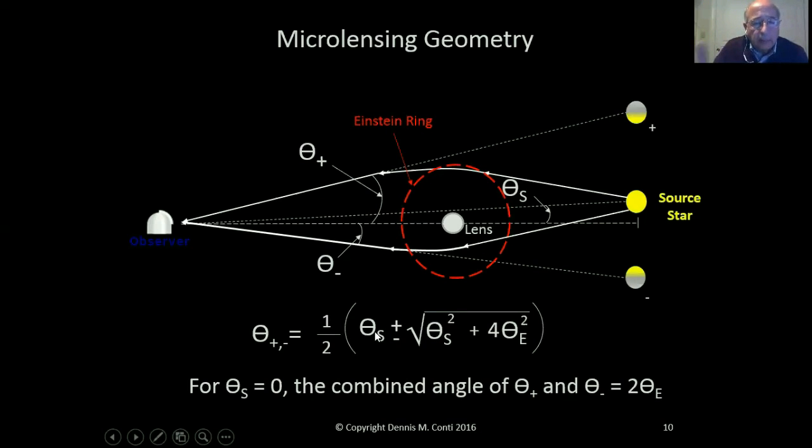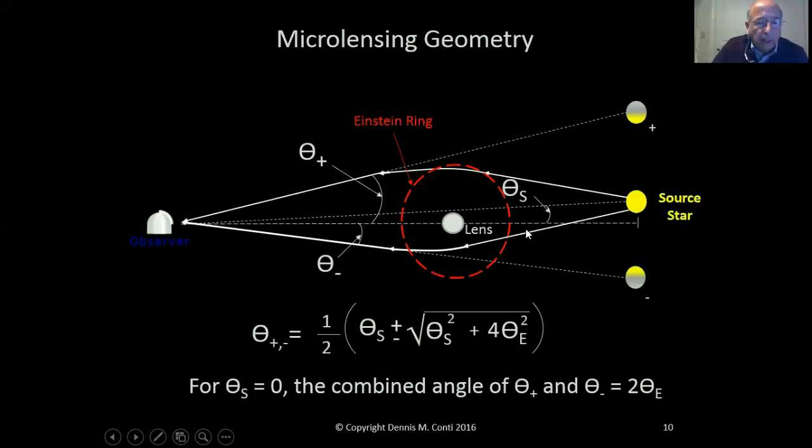Now, I'm not expecting you to know this formula or remember it. The point is that if the angle here is 0, namely if the source star is directly behind the lens, and you just plug 0 into the numbers here, what you get is that this theta value is in fact the size of the Einstein ring.